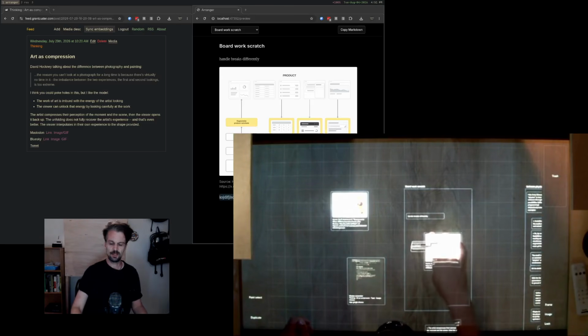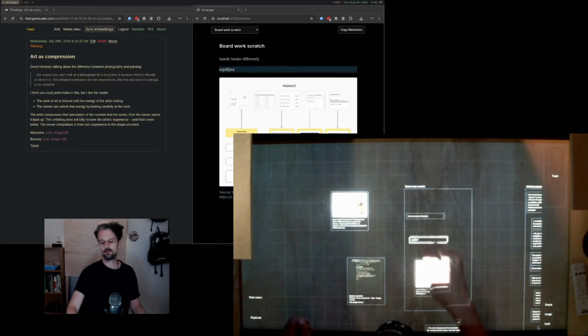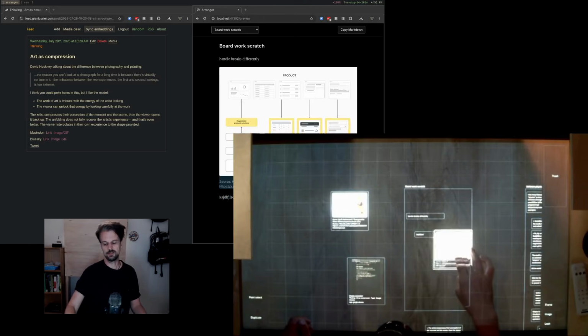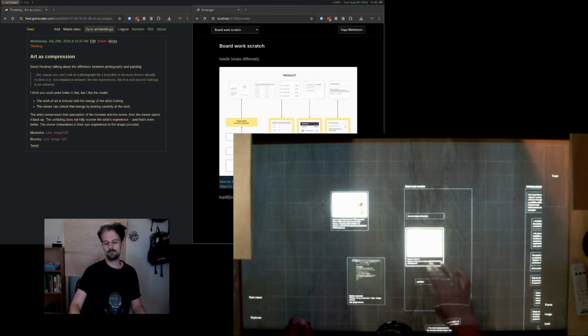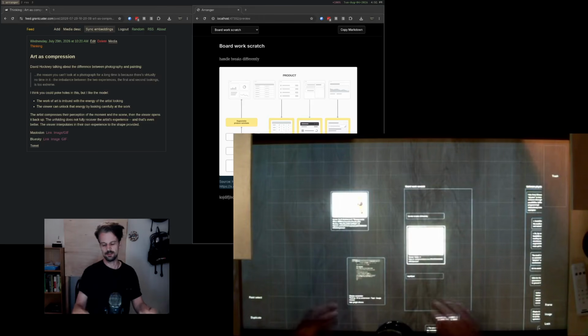But one thing I really like about the board is the absolute positioning of stuff, because otherwise you'd maybe make these flow so that they just float on a vertical axis and snap in.